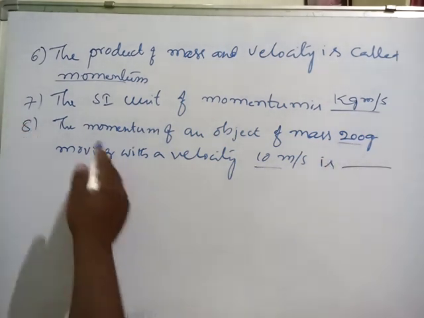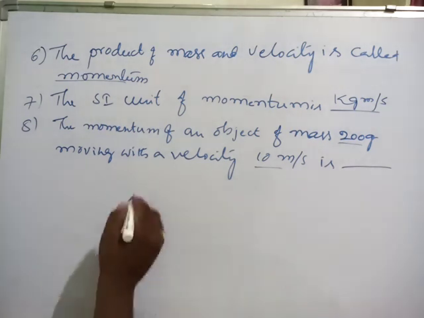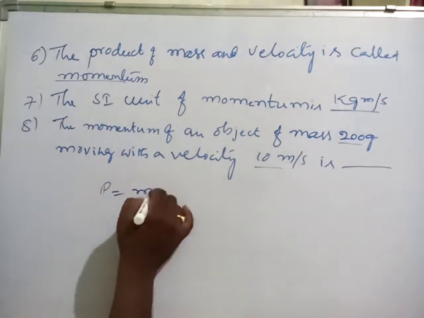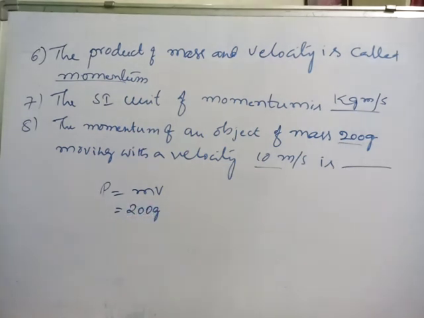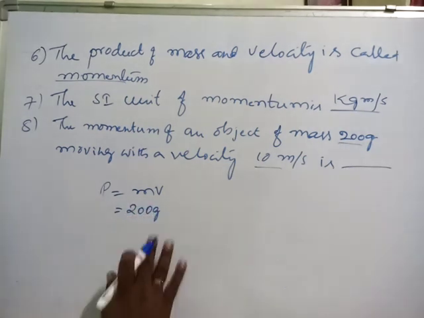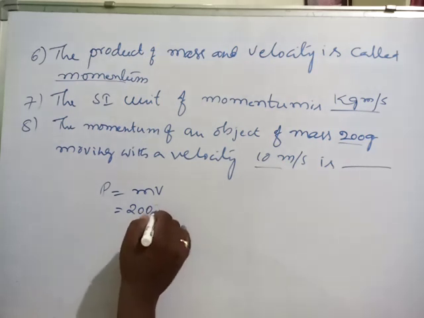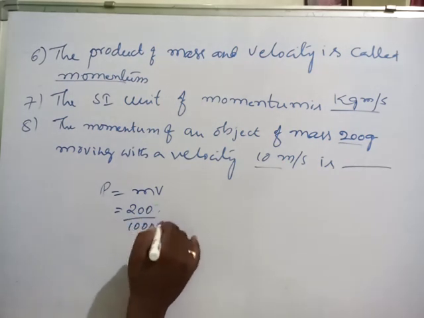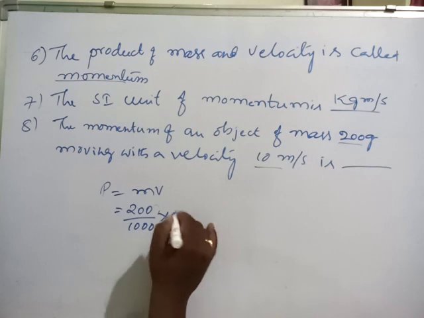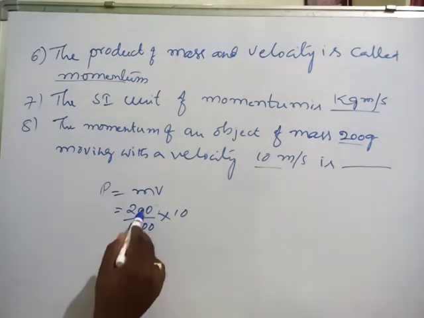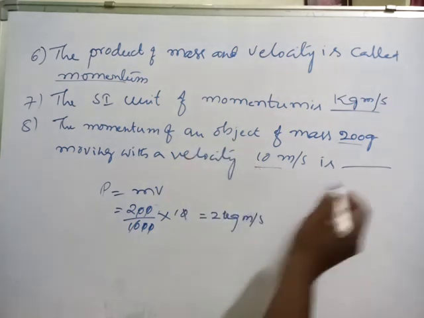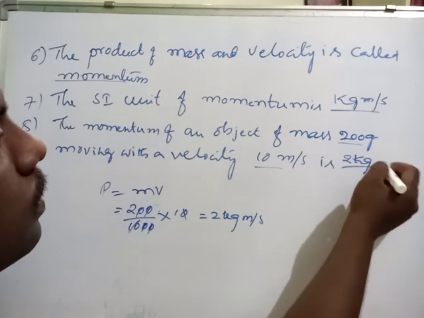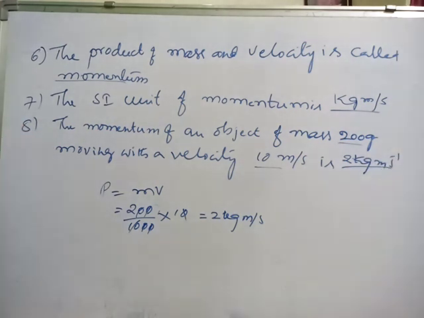The formula of momentum is P is equal to m into v. Mass is 200 grams, but we want kilograms, so divide by 1000, and velocity is 10 meter per second. Two zeros cut, so 2 kg meter per second is the answer.